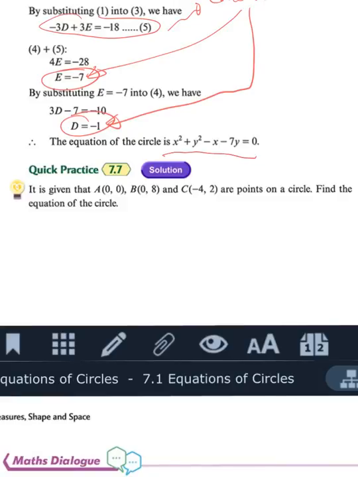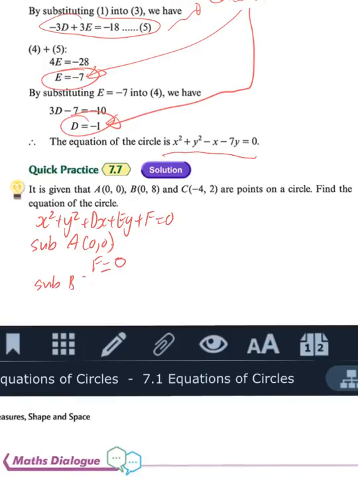So we will let the equation of the circle be in general form. Then substitute A (0, 0) to get F equals 0.